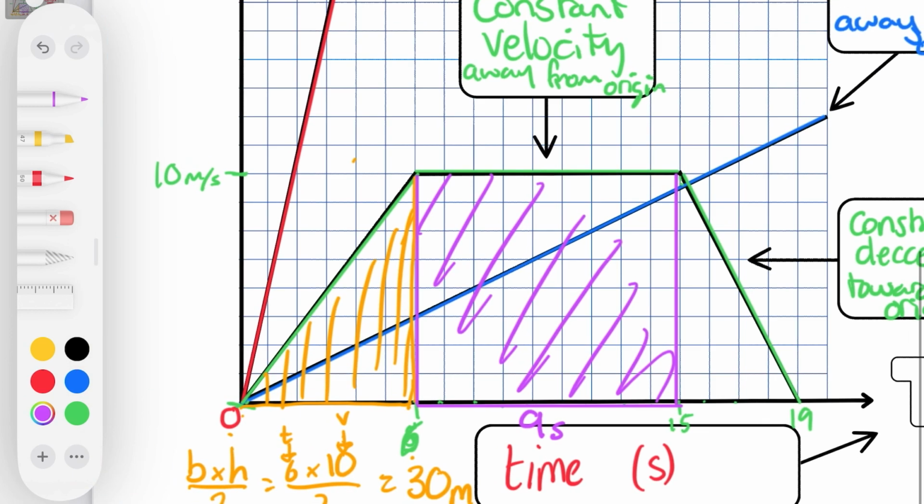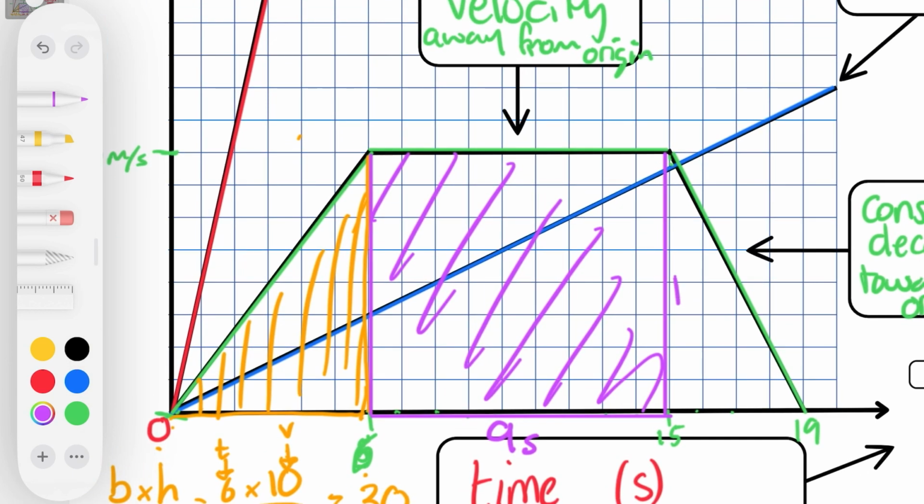And the height, well, we already know the height is 10 meters per second. So this area is, doesn't matter which way around you do this, 10 meters per second times 9 seconds equals 90 meters. So this rectangle, nearly a square, represents 90 meters.